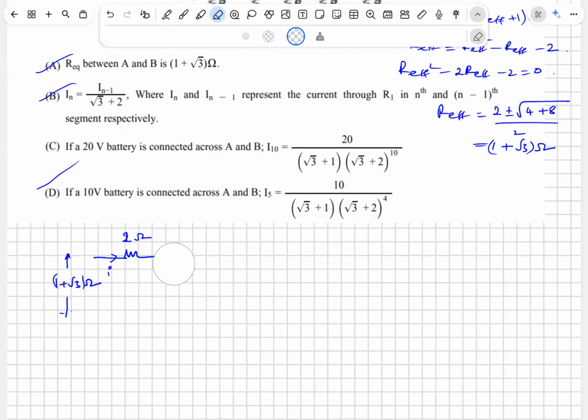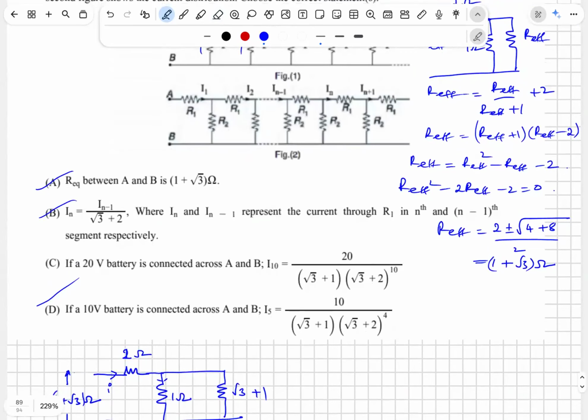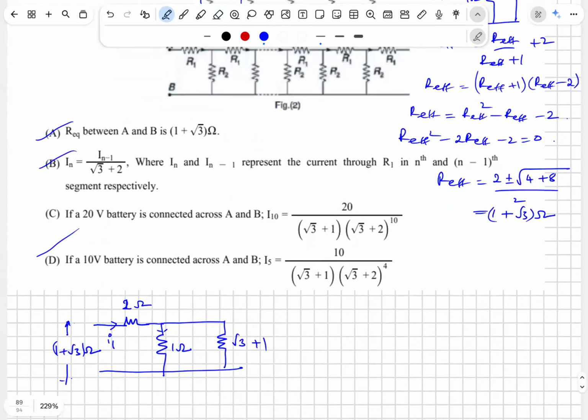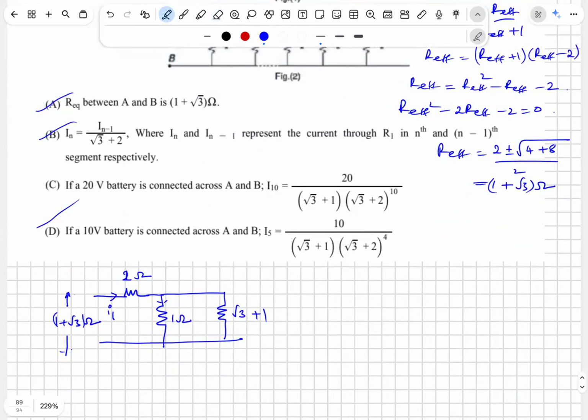Now the question is, I am taking a new term. 1 ohm. You said this is R effective again, root 3 plus 1. Now you try to see how the currents are splitting. This is I1. This is I2.